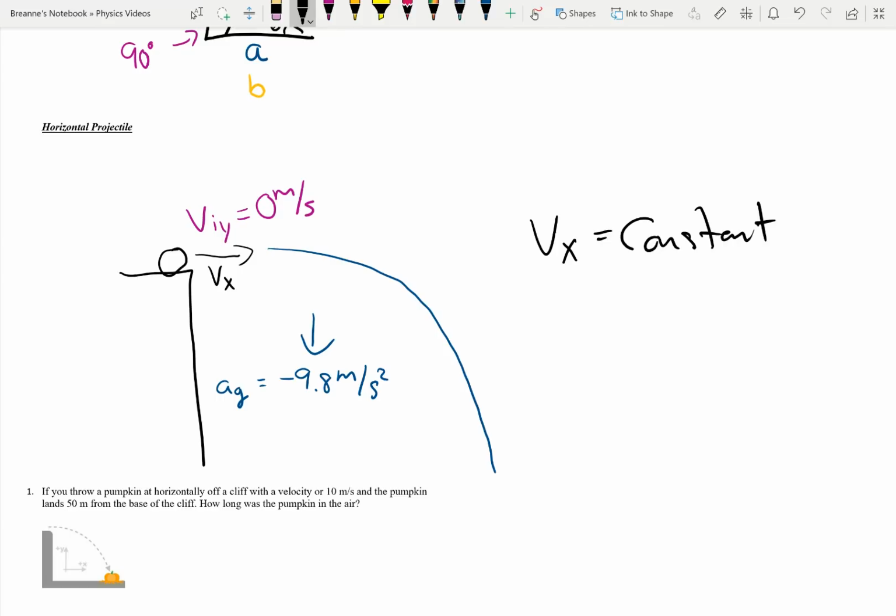Your velocity x is constant, so no matter where you are on this, your velocity x is going to stay the same number. And since your velocity x is constant, your acceleration in the x is 0.